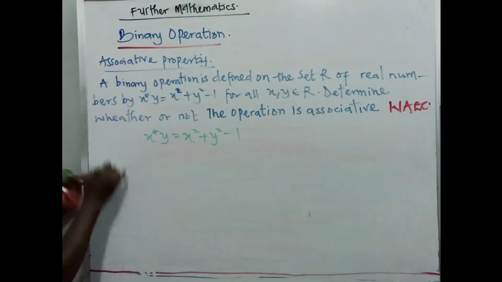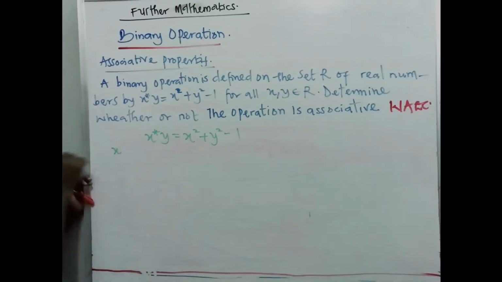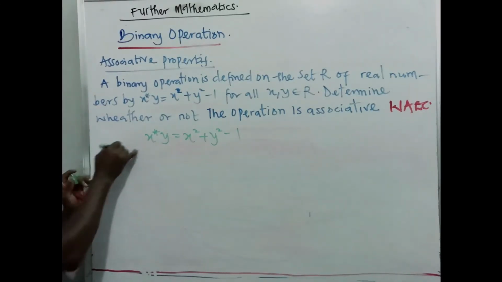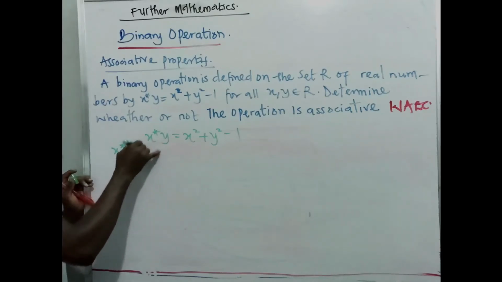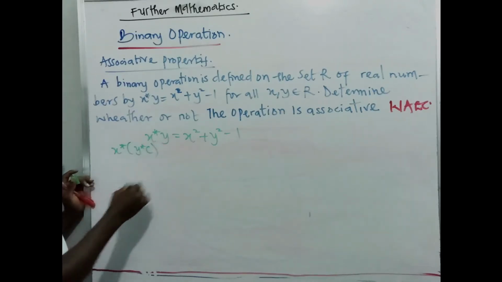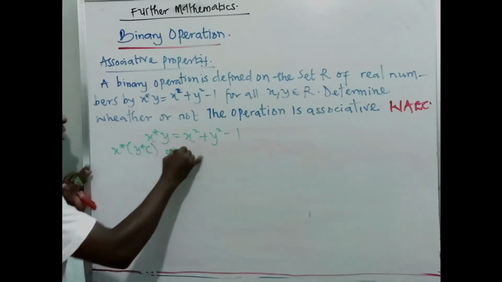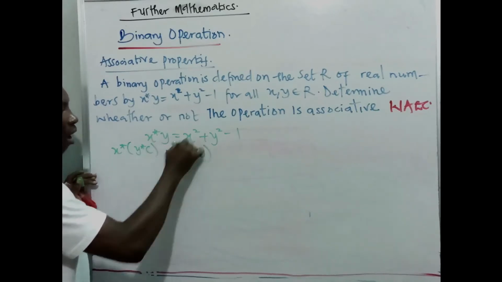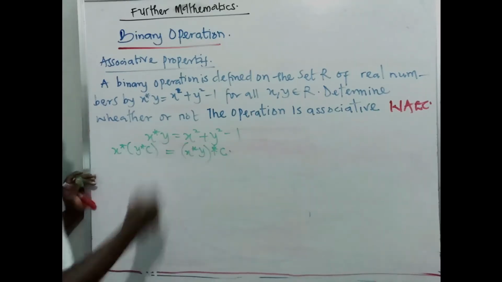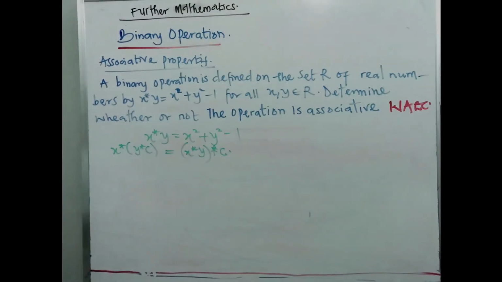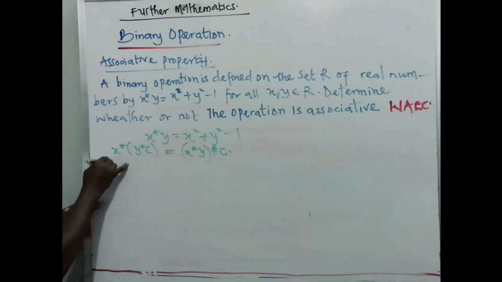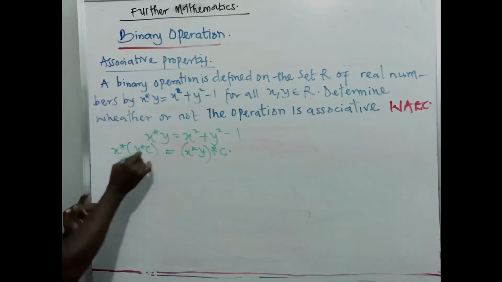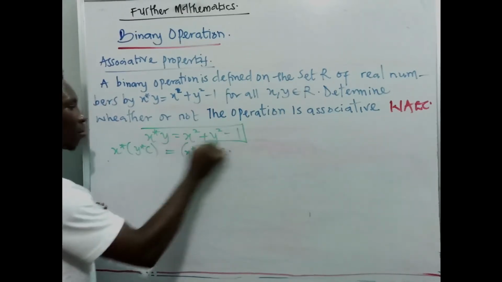Now, pay attention. Don't forget, the associative law says that (x asterisk y) asterisk c is the same as x asterisk (y asterisk c). If it satisfies this condition, then it is associative. This here is the main expression, please.